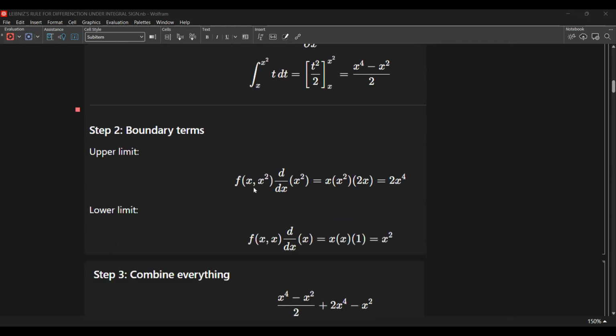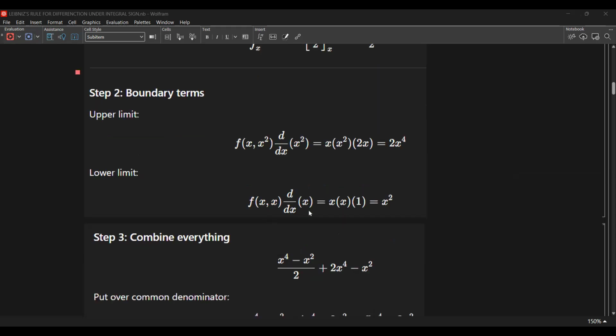So f of x, x squared is x times x squared, that is xt, and the derivative of x squared is 2x. That is 2x to the fourth. And for the lower limit, xt with t equal to x is x squared, and the derivative of x with respect to x is 1. So this is equal to x squared.